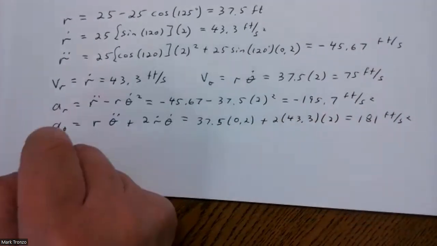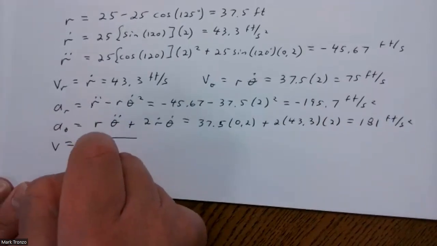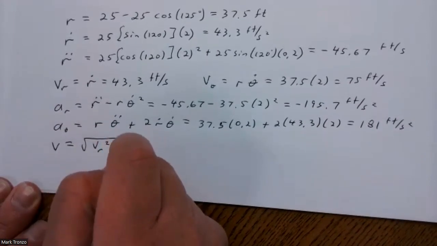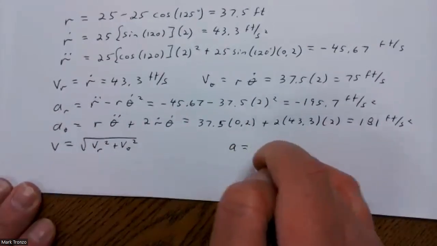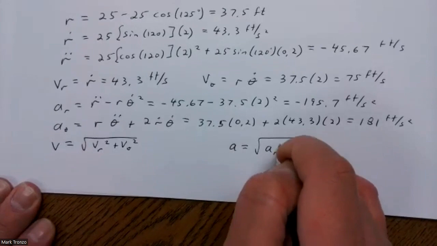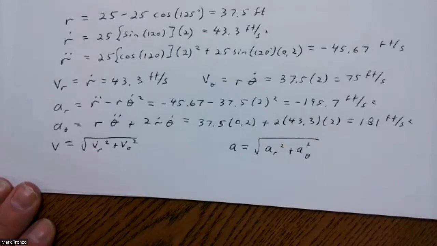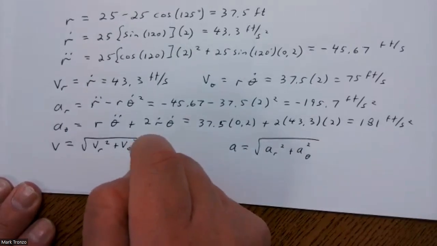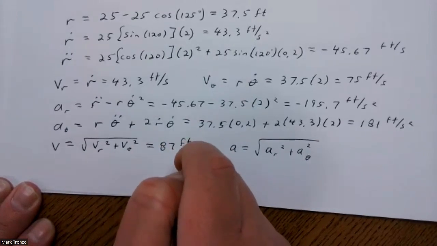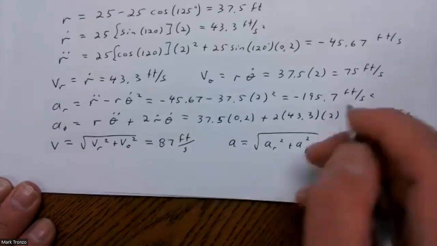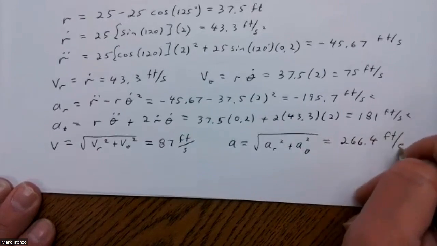And then finally, if you wanted, the velocity is going to be the square root of VR squared plus V theta squared. Acceleration would be the square root of AR squared plus A theta squared. And when you put those in, I got, rounding this off, 87 feet per second and 266.4 feet per second squared.